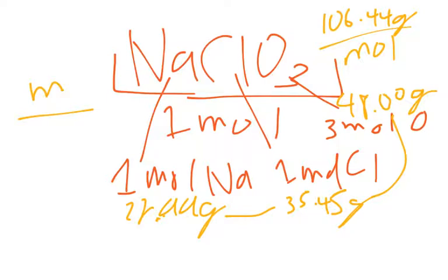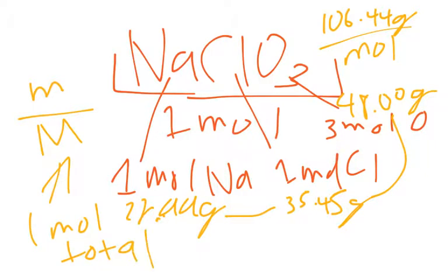And in order to find the mass composition, we simply take the mass of each element in the compound, and we divide it by the total mass of the compound, assuming that there is 1 mole in total of the compound. So in this case, we have 1 mole of sodium chlorate, and the top would just be any element.